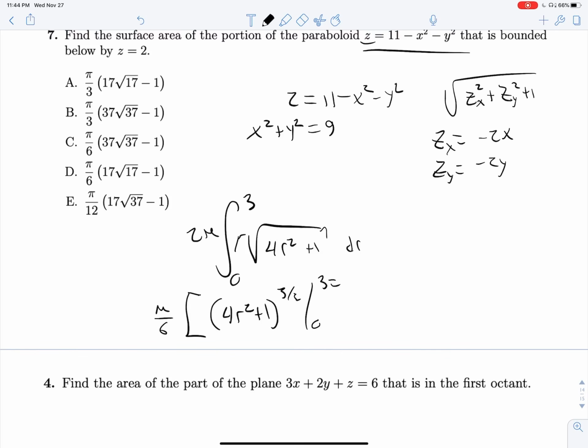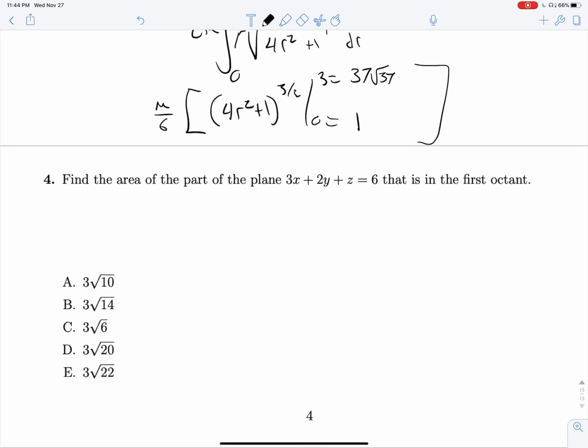For r is equal to 3, we are going to get 3 squared times 4, which is 36, so 37 root 37. And for r is equal to 0, we're going to get 1. So here is our answer: pi over 6 times 37 root 37 minus 1.